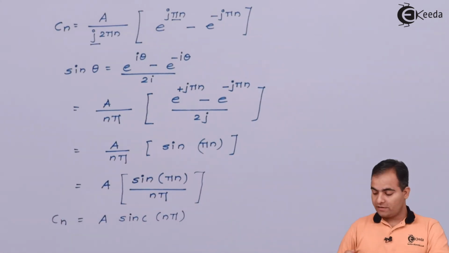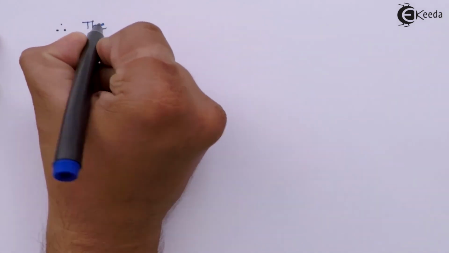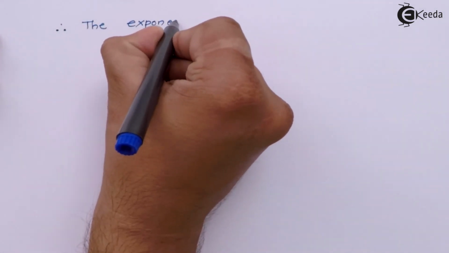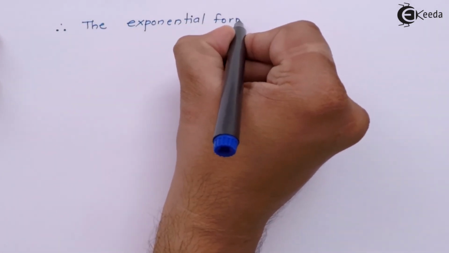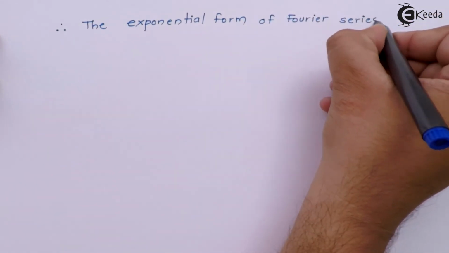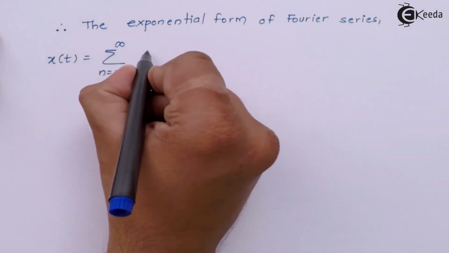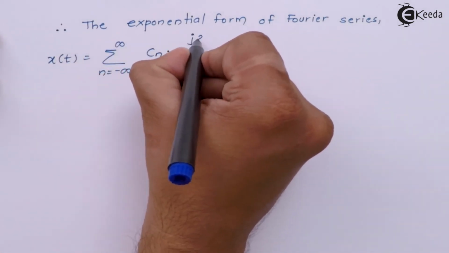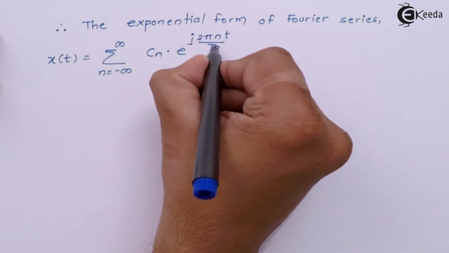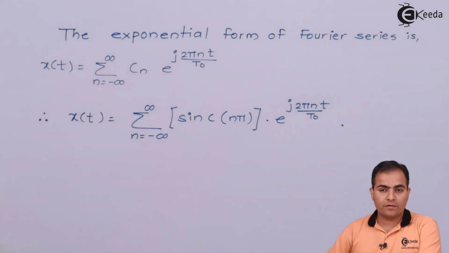And this is nothing but my value of Cn, and I will substitute this Cn value in the definition of the exponential form of Fourier series. Now I will substitute my Cn value in my exponential form of Fourier series.